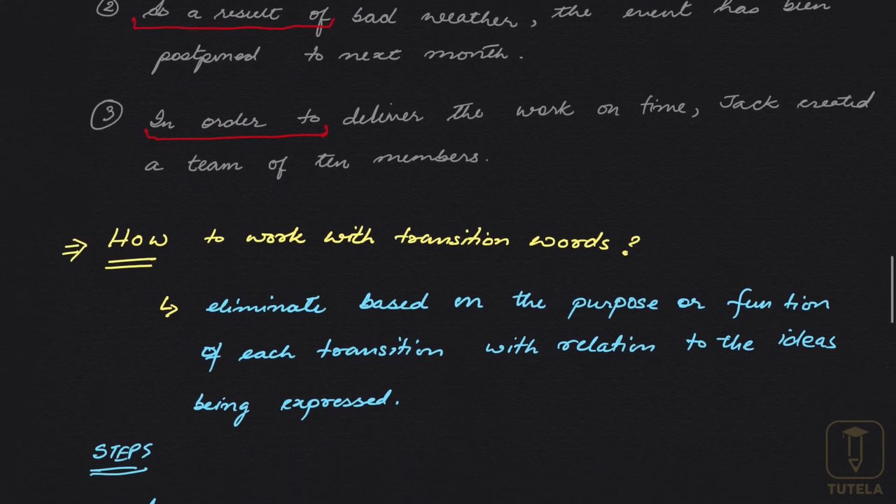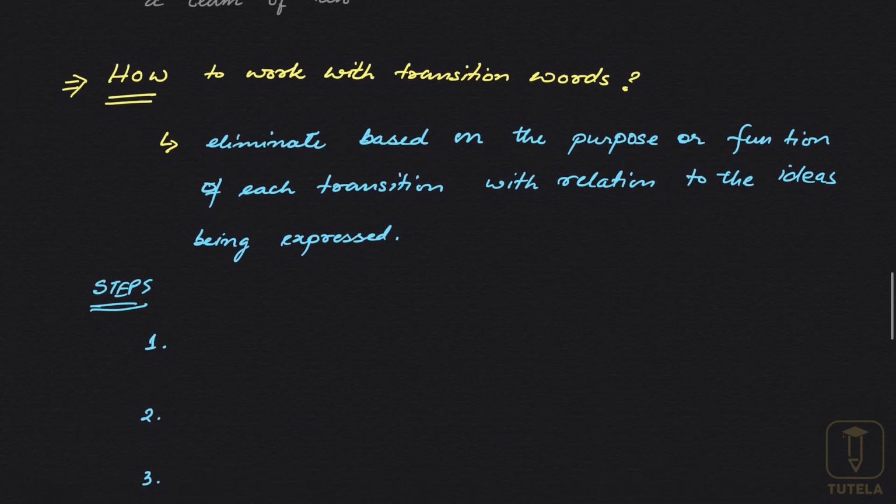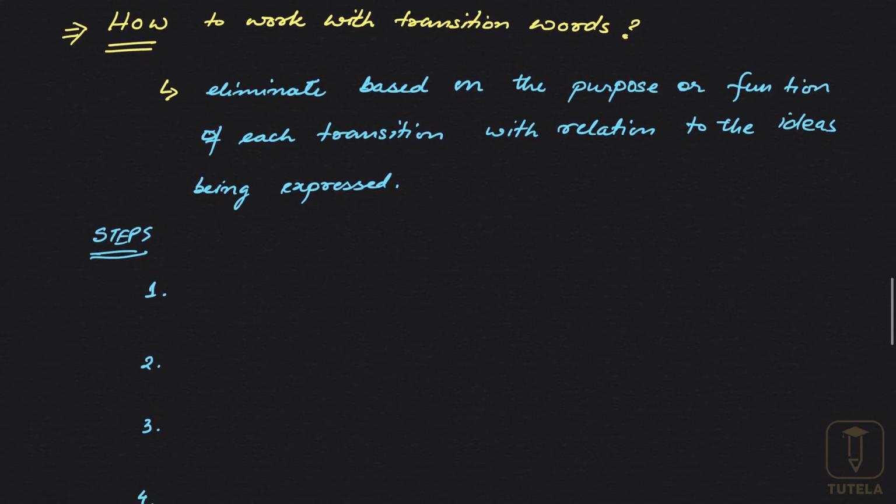Now, how do we work with transition words? How do we identify and solve questions based on transition words? We will have to keep in mind that transition words are to be eliminated based on the purpose or function of each transition with relation to the ideas that are being expressed.